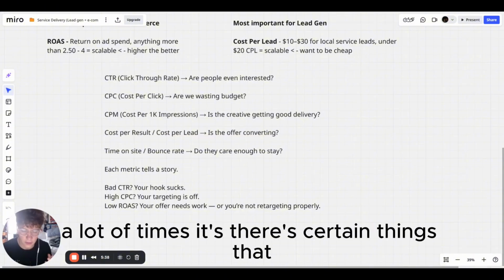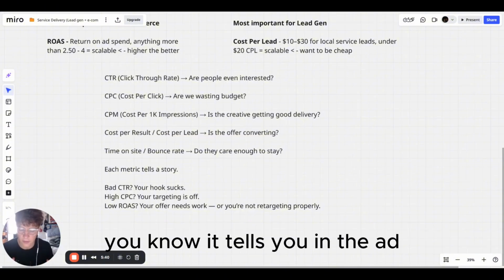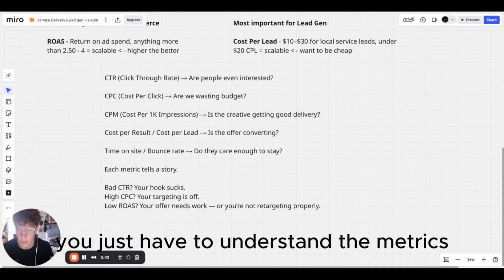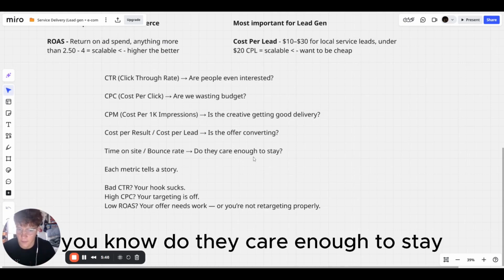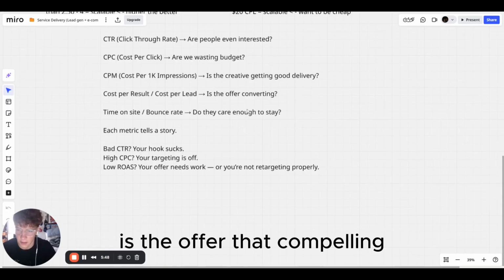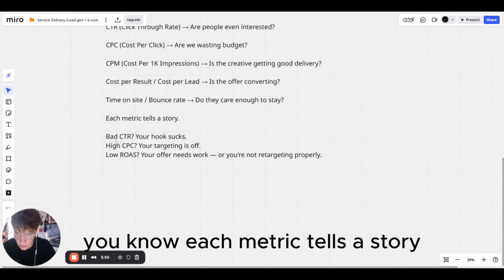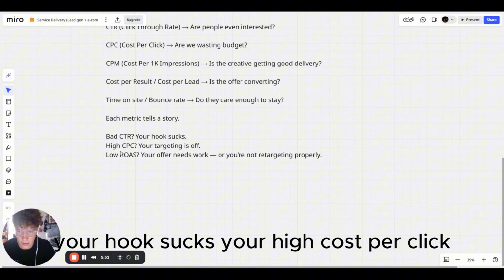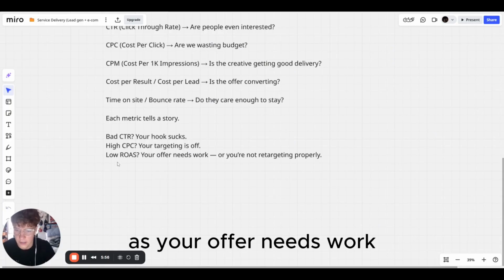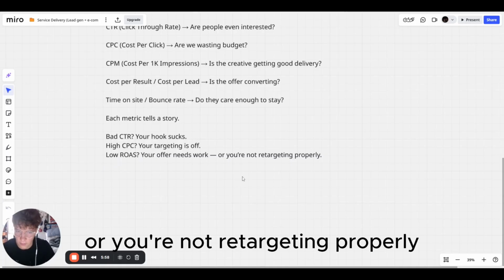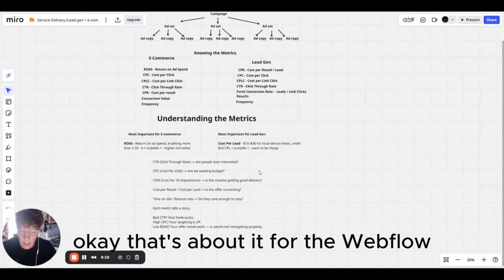A lot of times, certain things are told to you in the ad. You just have to understand the metrics. Time on site as well as the bounce rate: do they care enough to stay? Is the offer that compelling? Each metric tells a story. You have a bad click-through rate, your hook sucks. High cost per click, your targeting is off. Low ROAS, your offer needs work, or you're not retargeting properly.